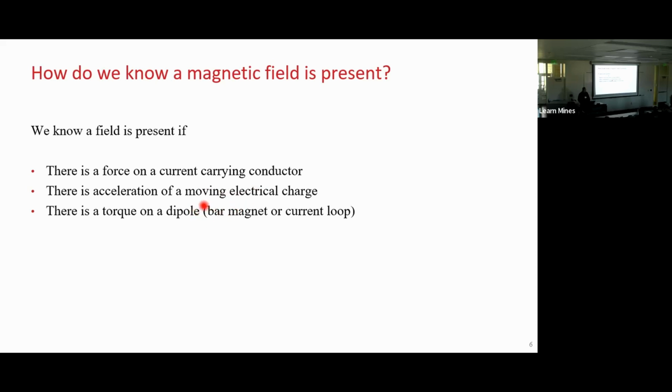The second one is if you have an ion charge, be it positive or negative, and it starts to accelerate, you know there is a magnetic field. Or there is a dipole: if you have a bar magnet and you see a torque on it, there's a force, so there is a magnetic field. So there are only 3 ways to know there is a magnetic field.